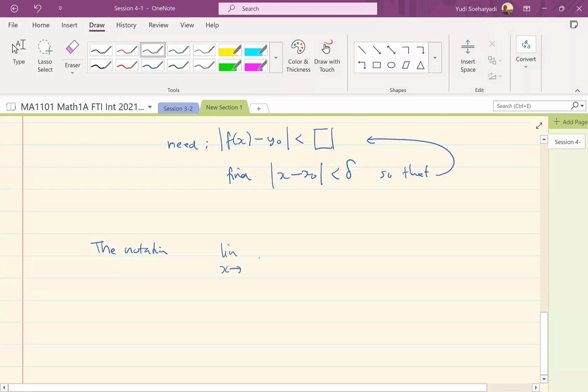Limit as x goes to a of f of x equals L. The limit means that f of x gets closer to L as x gets closer to a. Okay, but somehow you need to quantify what it means by gets closer.